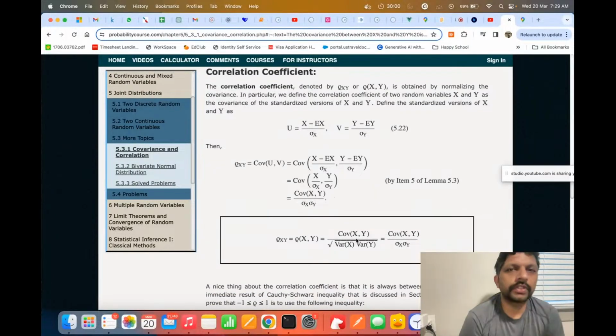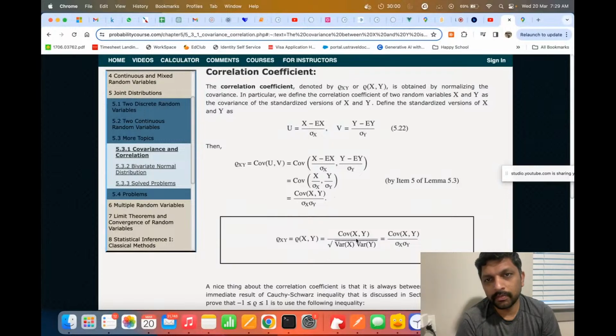The correlation coefficient, denoted by some character, I don't even know what character, is obtained by normalizing the covariance. In particular, we define the correlation coefficient of two random variables x and y as the covariance of standardized versions of x and y.